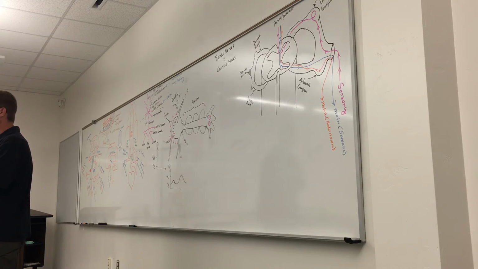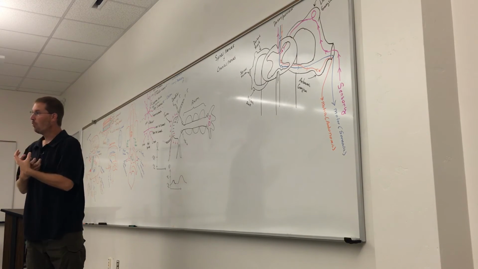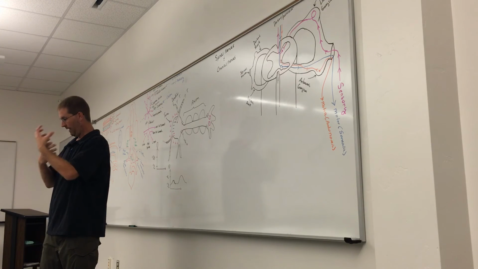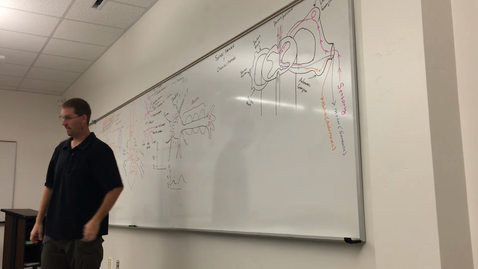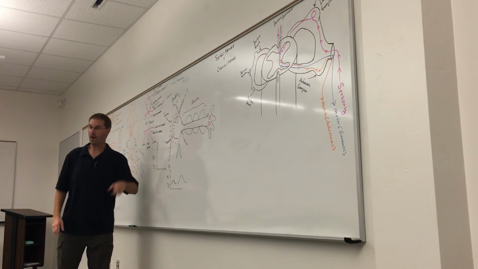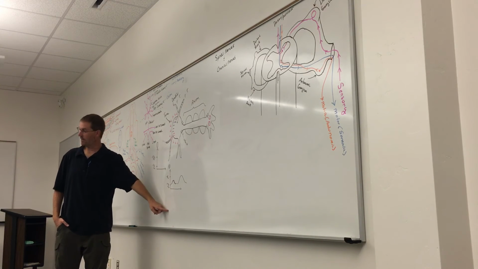And GABA receptors are chloride channels. Is chloride negative or positively charged? Negative. It's negatively charged. So if I open a bunch of chloride channels and I cause negative charge to enter the cell, is that going to push it toward or away from the threshold? It's going to push it more negative, right?